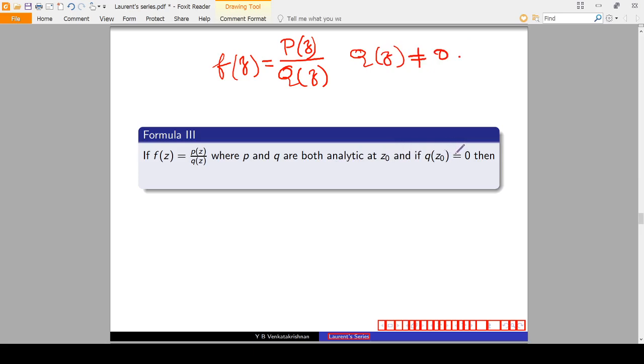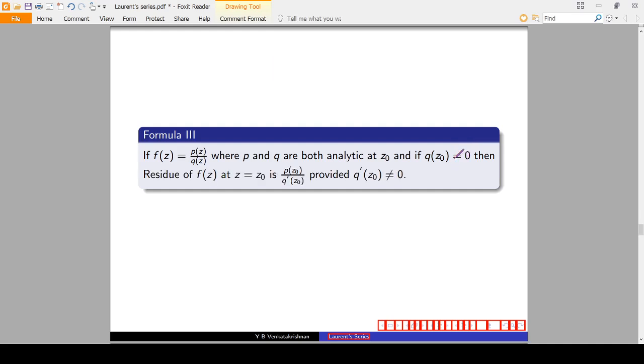I think I have made an error here. f of z will be p of z by q of z, and this q of z naught will be 0.